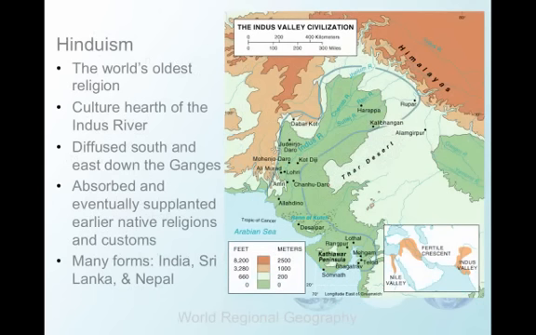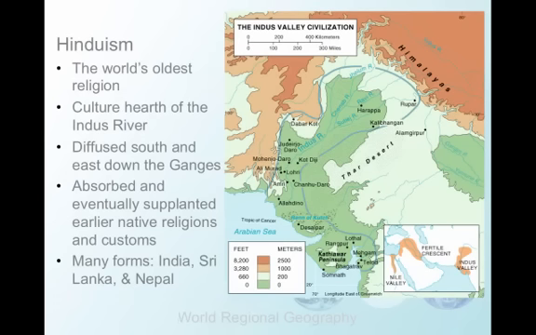I just wanted to talk a little bit more about Hinduism because this is a religion that not a lot of folks know very much about. It is the world's oldest religion, and it dates to the Indus River, which is visible in the map.